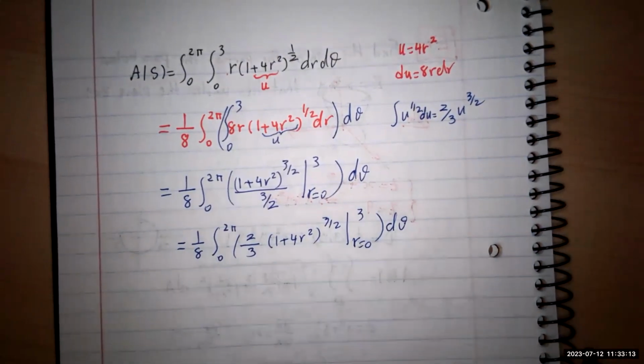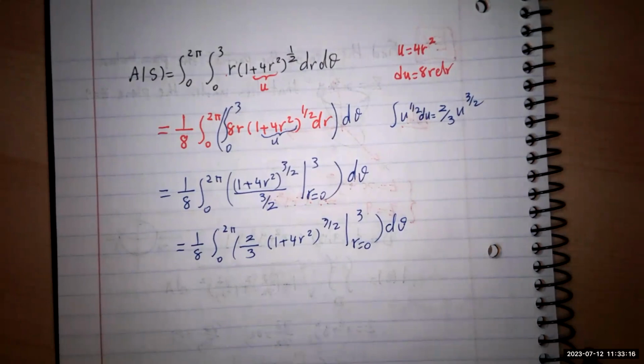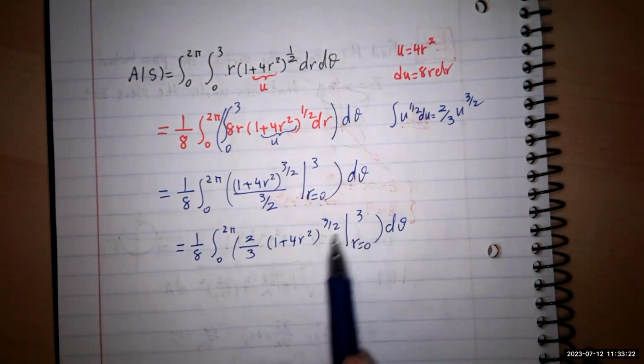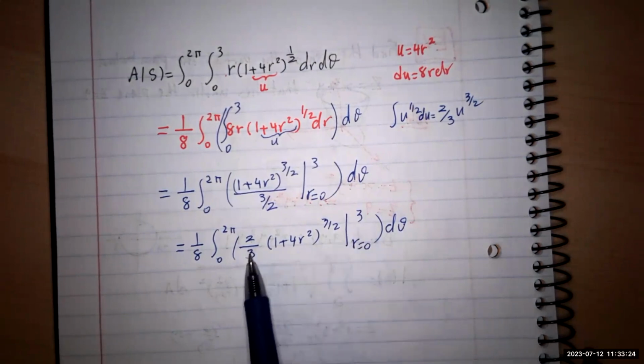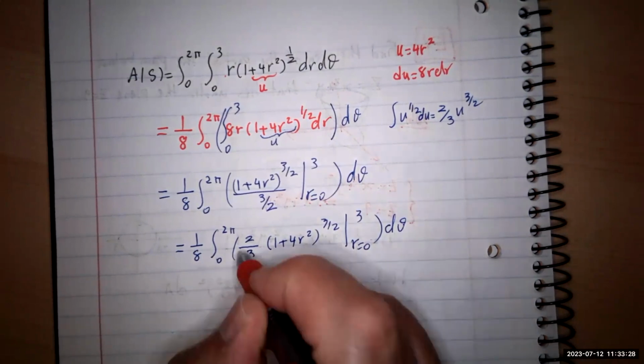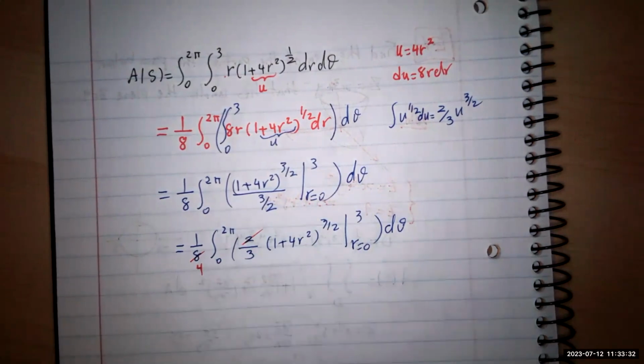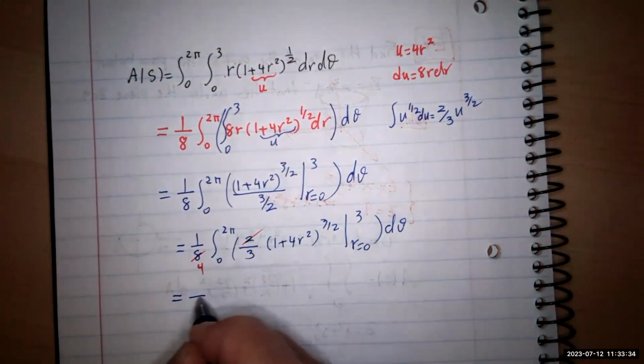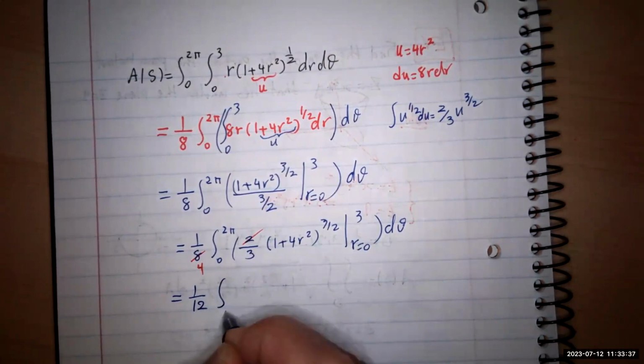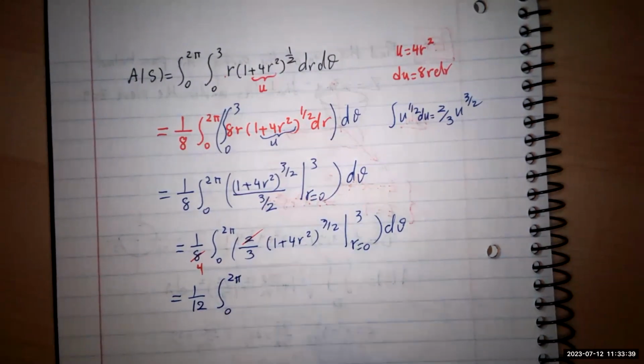Okay, you may have to use your calculator or just evaluate it. So what's going to be the result? We are going to substitute r equal to 3, and this is a 2/3. You can pull it out. You see 2/3, you can simplify this with the 8 as a 4, so 3 times 4 would be 12. So that gives you 1/12, the integral from 0 to 2 pi.